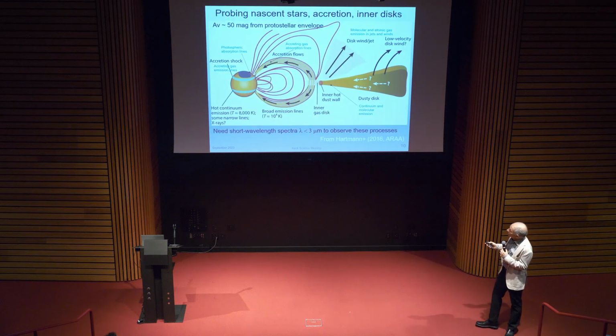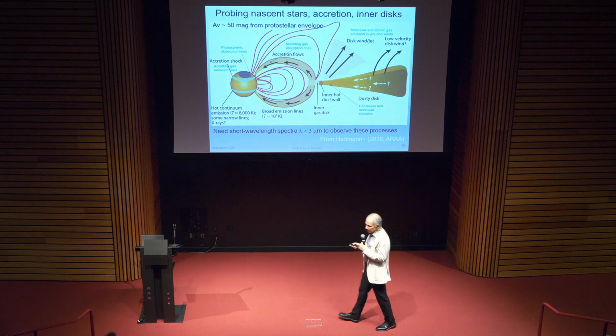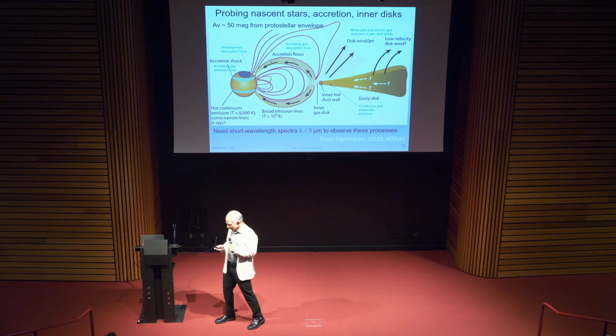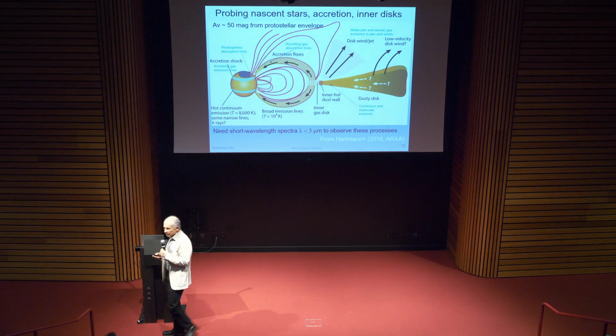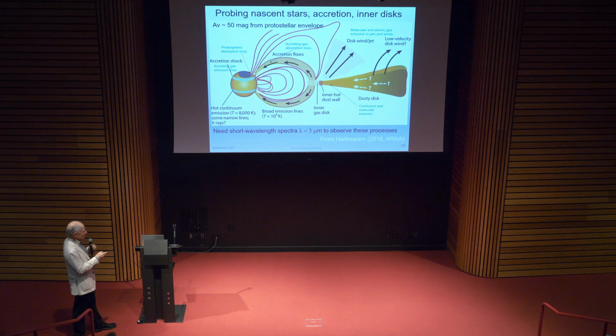Okay, so getting back to the question, why would you want to look at wavelengths in which these things are purportedly invisible? Because that's where all the tracers are that are of interest to those questions. This is a schematic from Lee Hartmann's nice Annual Reviews article on accretion, of young and slightly more evolved stars, how mass flows onto the star.